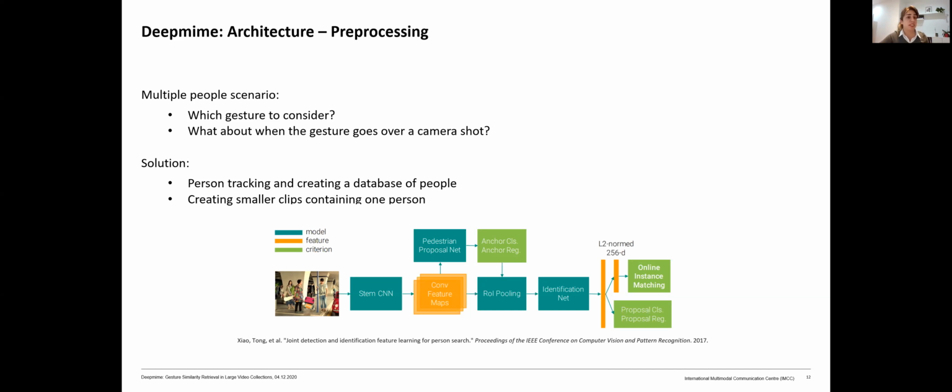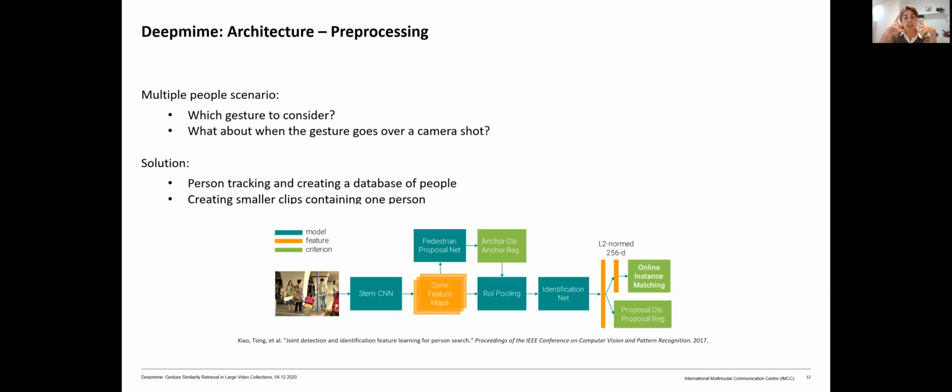So basically we use this person re-identification module to track the people and create a database of them and create smaller clips of each individual in the video and use them for the search later. For this, we use the pedestrian search network, which is a very typical task in computer vision to find pedestrians, but with a slight difference: the networks that are out there usually take bounding boxes around people.